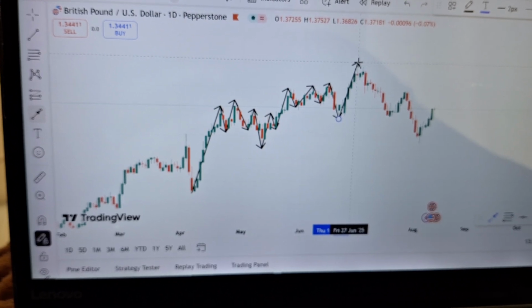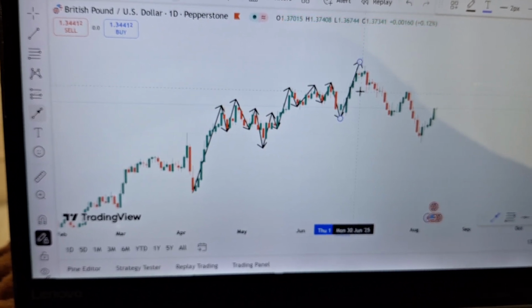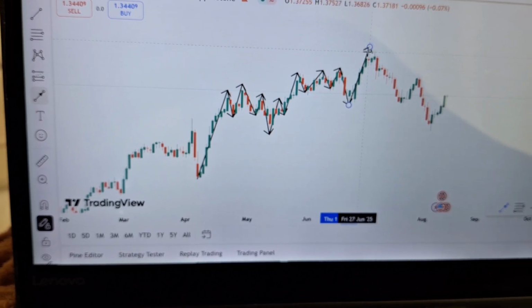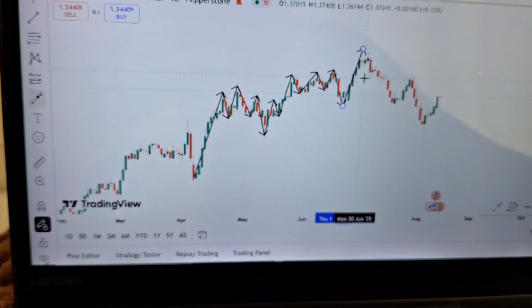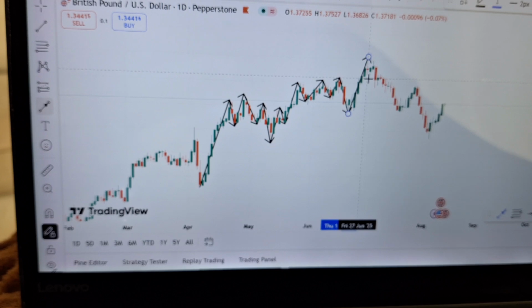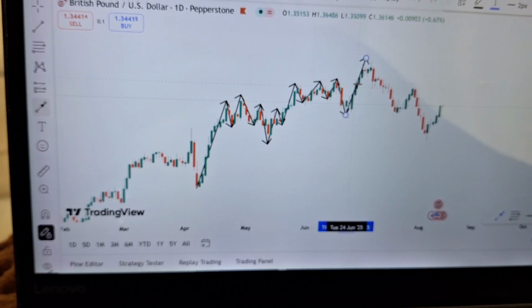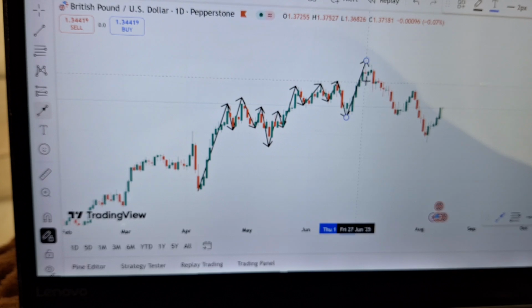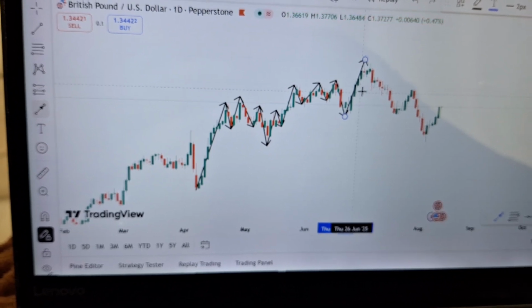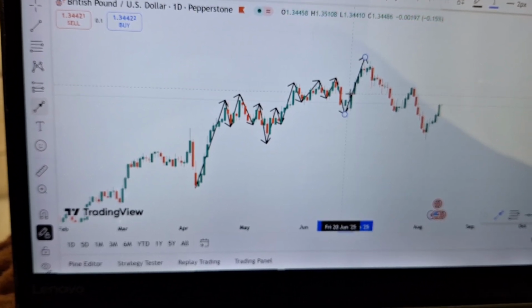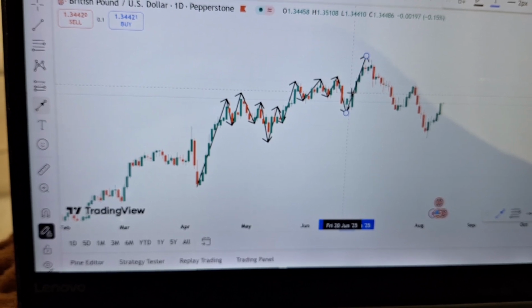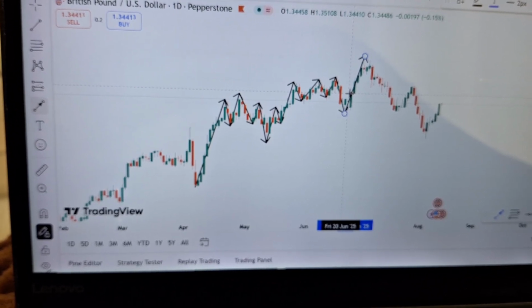Also, something to add on: when there are small red candles like these that are not as significant, we ignore them and continue following the trend when the momentum is high. A small red candle like that is not necessarily a momentum because the pullback was not as strong.